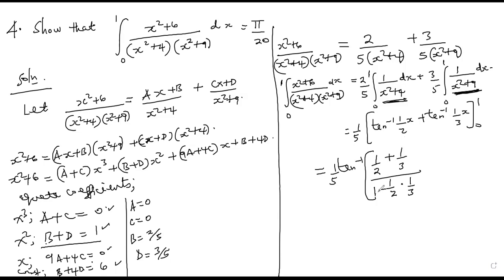You need to know that when you're working on tan of x plus y, it is the same as tan x plus tan y over 1 minus tan x tan y. But I've already pushed out a tan. So it is a half plus a third over 1 minus a half times a third.